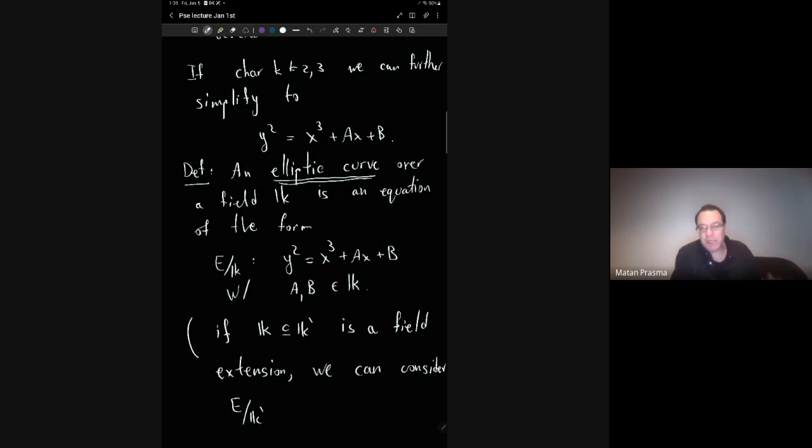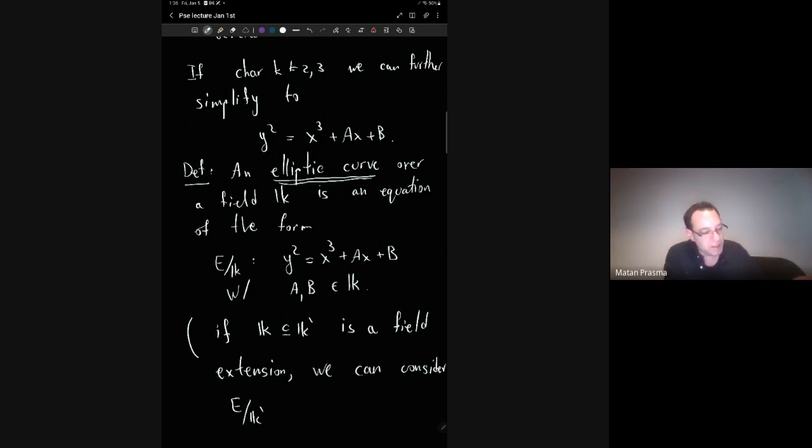And this will be, in the formal aspect, a different elliptic curve, even though it is the same equation, the same coefficients, everything. But if it is defined over a different field, we consider it as a different object.